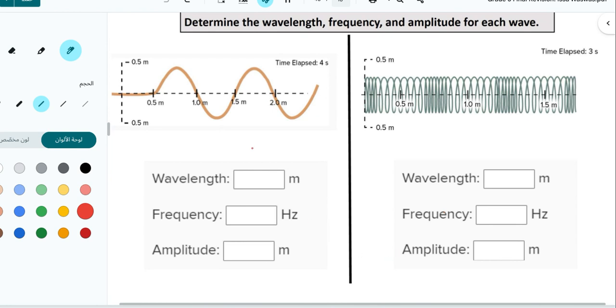Okay, let's start with looking at wavelength. Wavelength is fairly easy. We're going to measure from here to here, so halfway between 0.5 and halfway between 1.5 and 2.